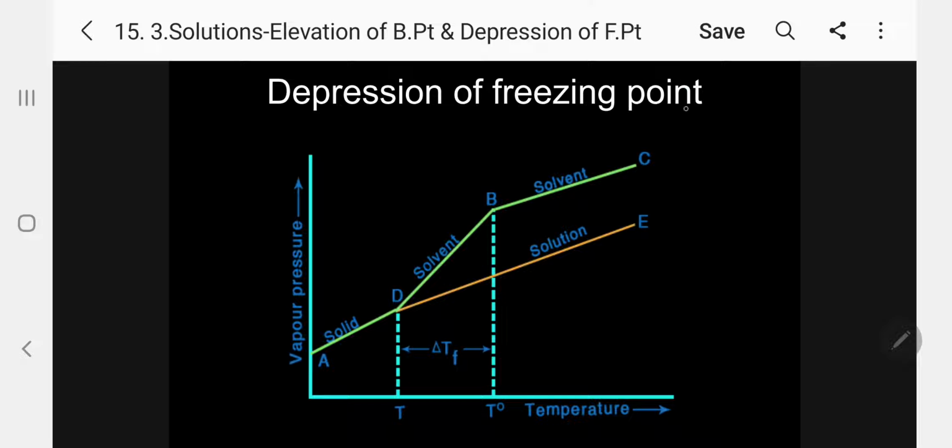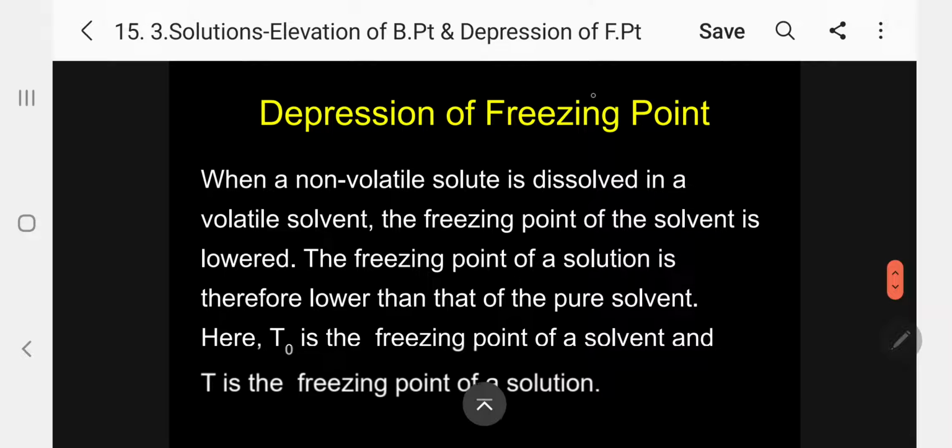Kindly follow. When a non-volatile solute is dissolved in a volatile solvent, the freezing point of the solvent is lowered. There, elevation of boiling point; here, depression of freezing point. The freezing point of a solution is therefore lower than that of pure solvent.